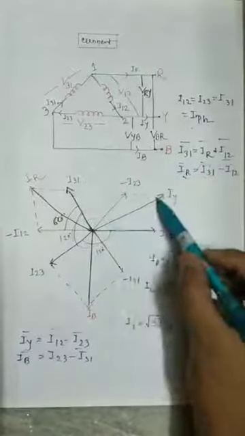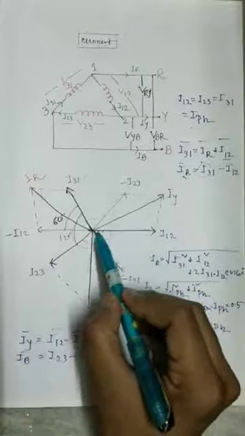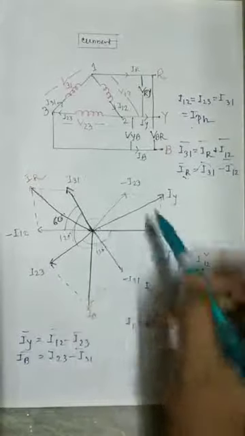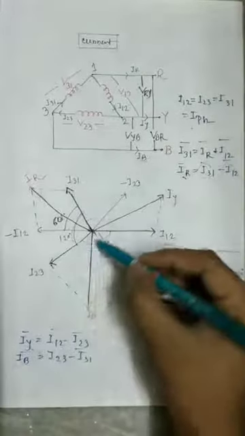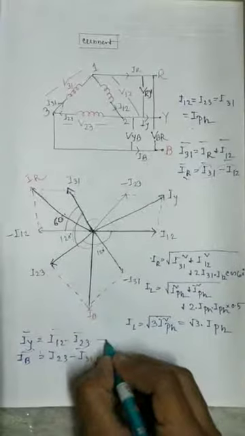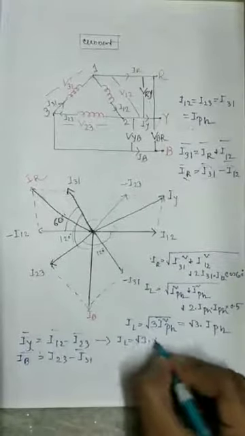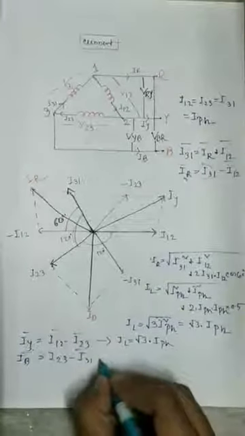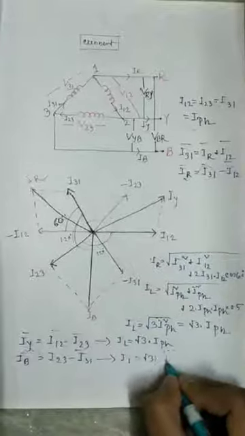So IY is the resultant vector from I12 and minus I23, and IB from I23 minus I31. Same as before, from here we can write IL equals root 3 I phase.